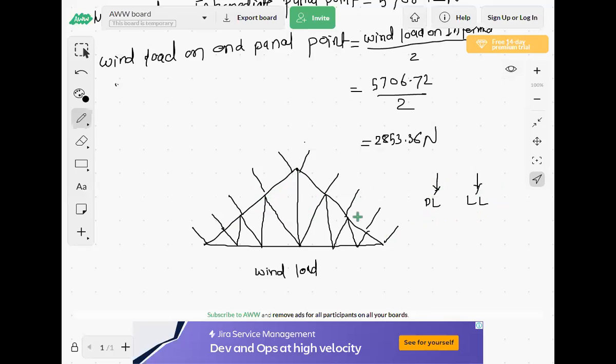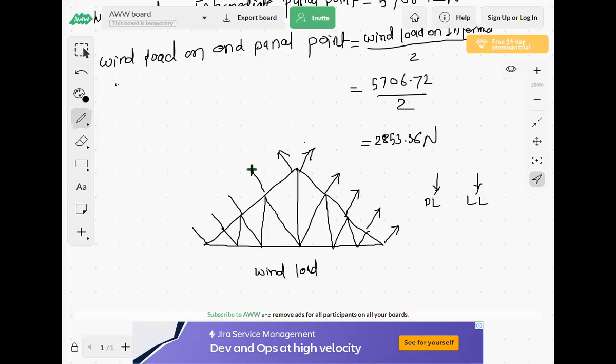So now, our answers, the wind loads, are negative. As I told you, uplift wind pressure is there. Wind load is a negative load, so negative indicates uplift wind pressure. We have to give the uplift direction here.